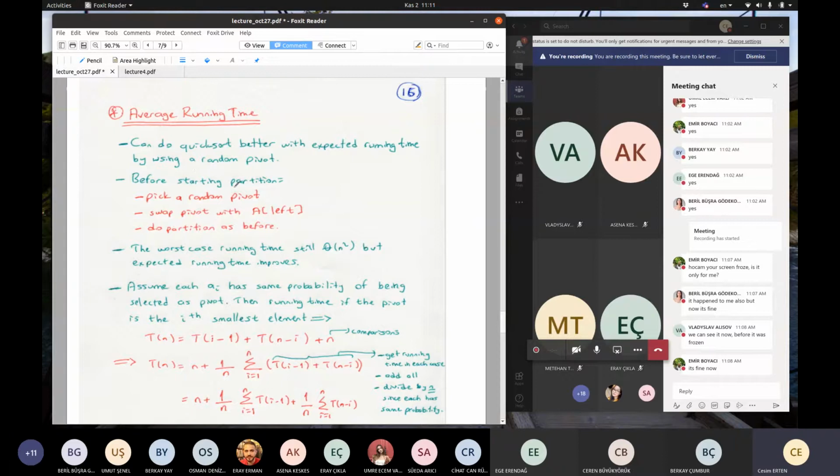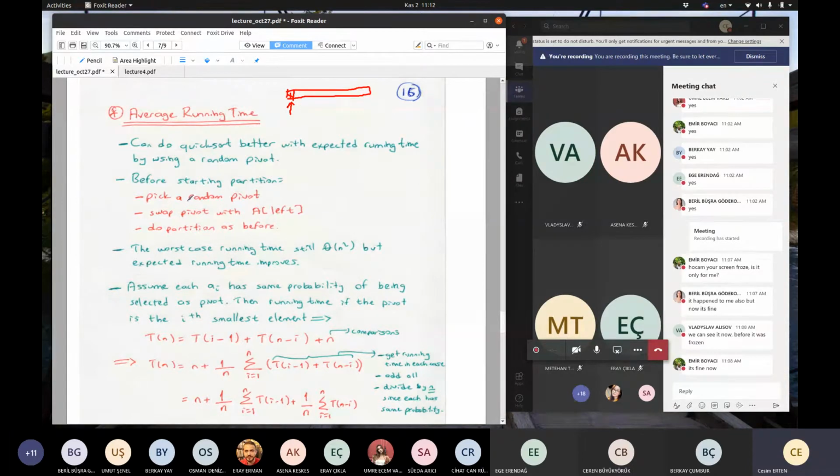Before calling our partition, remember that the partition algorithm assumes that the leftmost position, A[left], is the pivot element, and then it swaps the elements of the array in such a fashion that this pivot element at A[left] ends up at its correct position.